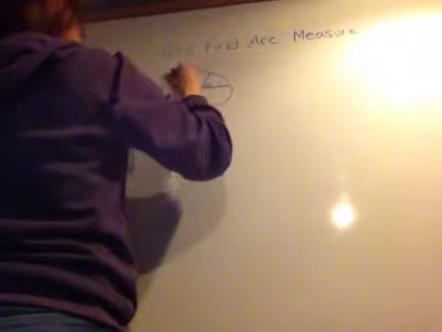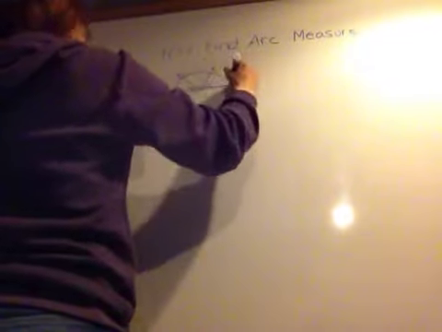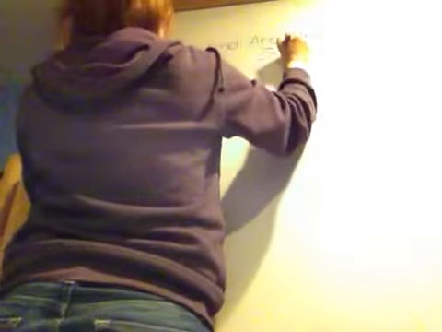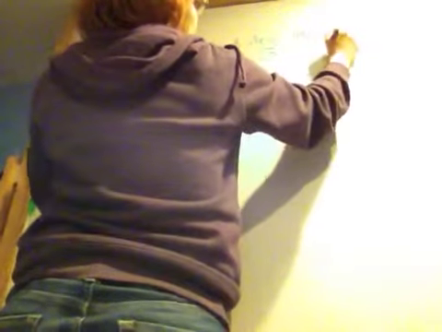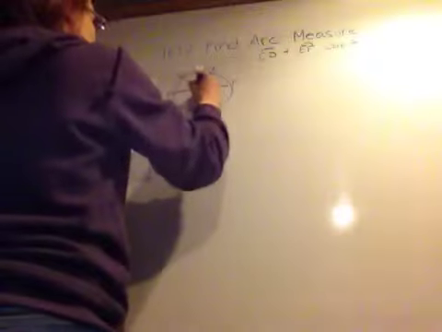Okay, so in this example, we're going to tell if arcs CD and EF are congruent. We have three different examples.